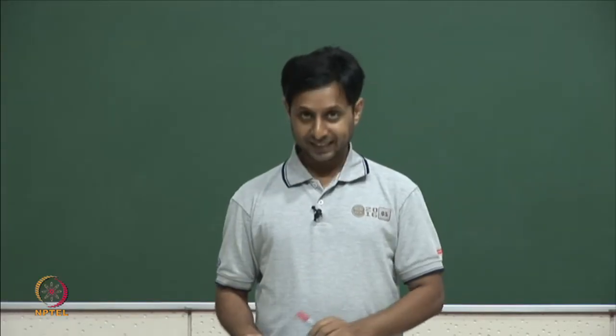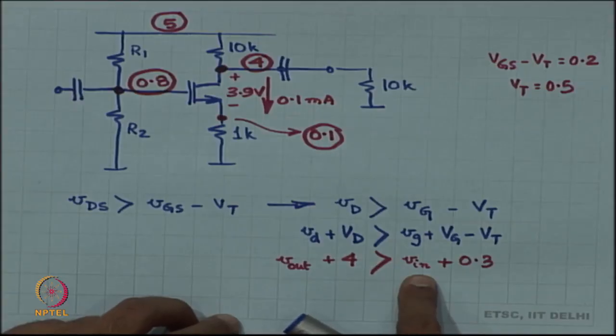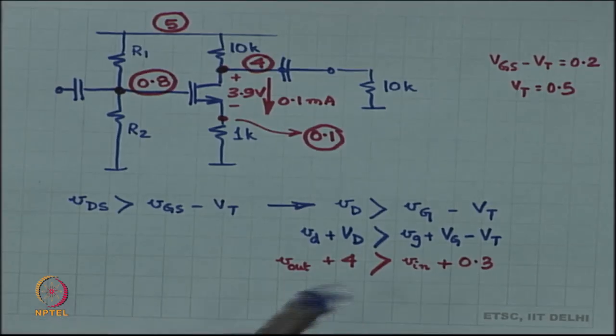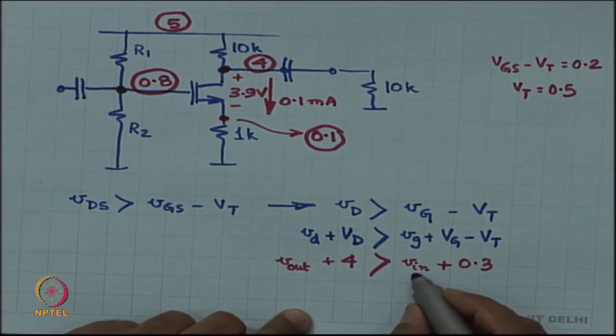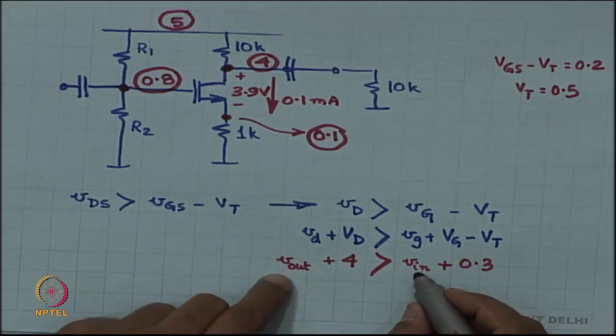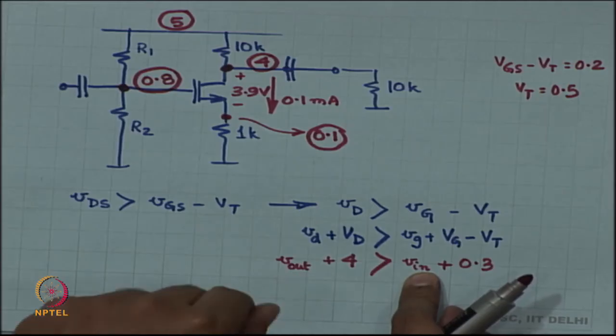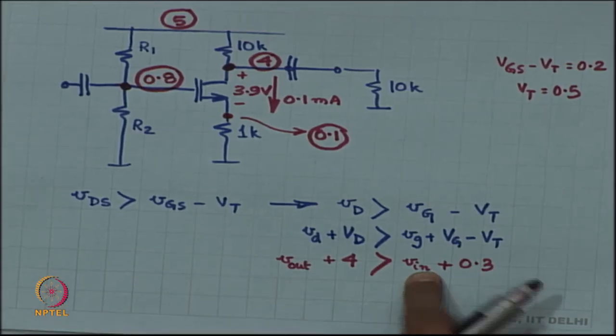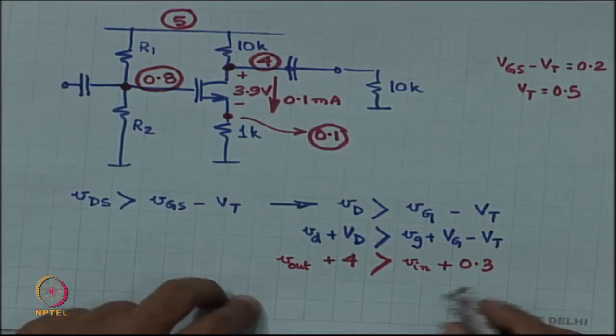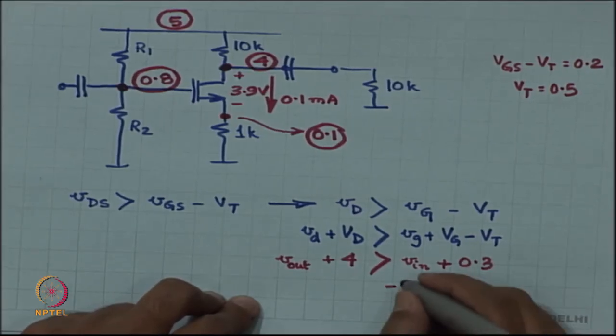Okay. And then Vin is 5 times smaller, minus 5 times smaller than Vout, which means that if I increase Vin by 1 millivolt, Vout is going to decrease by 5 millivolts, all right, or in other words Vin is minus Vout by 5.